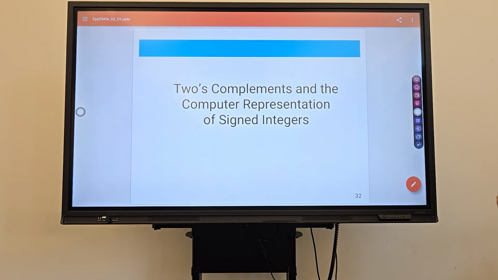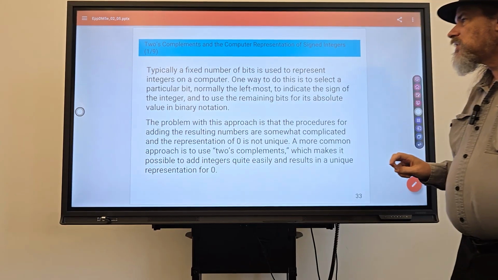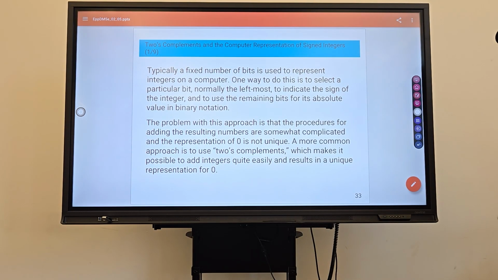Two's complement and the computer representation of signed integers. Two's complement is how you represent negative numbers. Typically, a fixed number of bits is used to represent integers on a computer. One way to do this is to select a particular bit, normally the leftmost, to indicate the sign of the integer, and to use the remaining bits for its absolute value in binary notation.